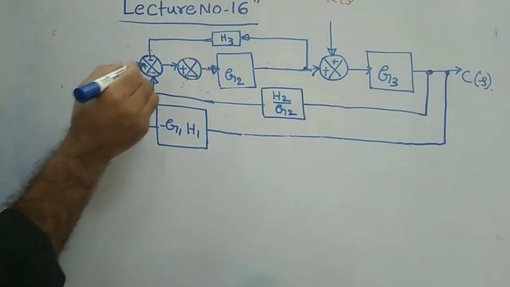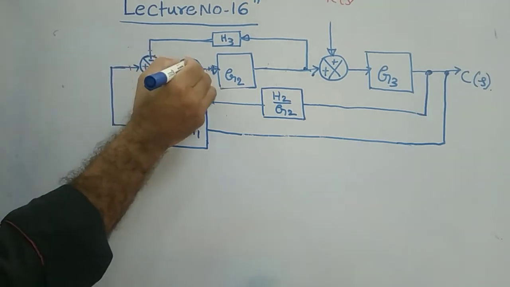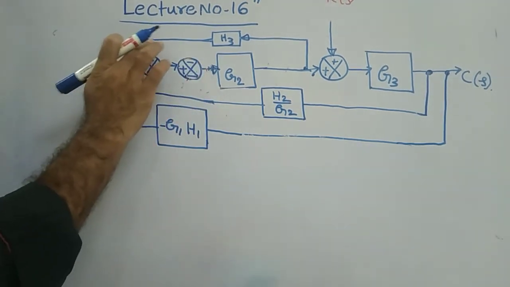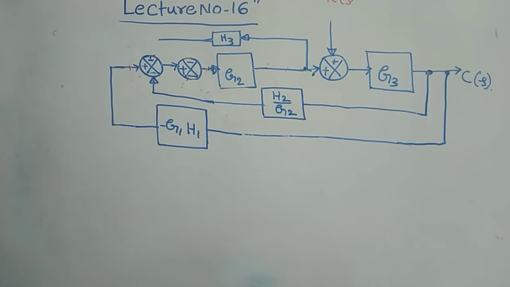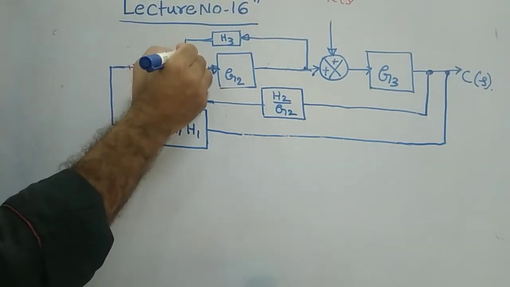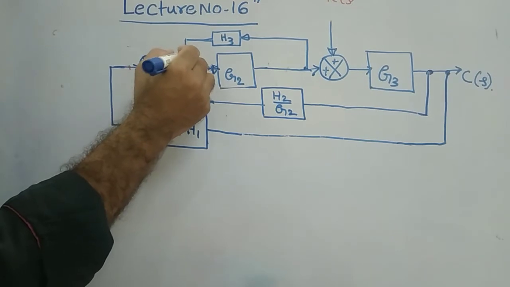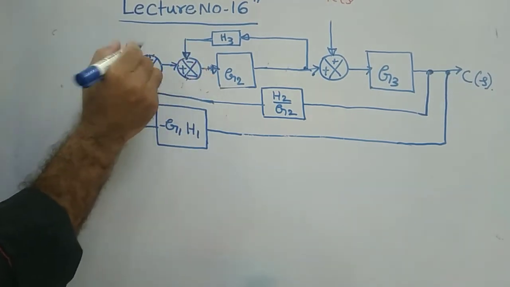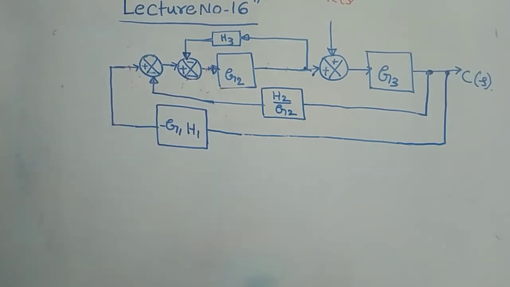And then this minus is there, that minus I will keep here, and I will remove this connection here and give this connection here. That is what interchanging of the summing point. Remove this summing point. Okay, now it has become very easy.